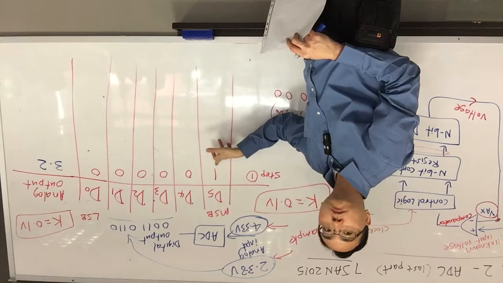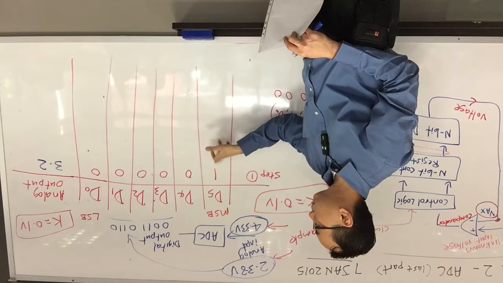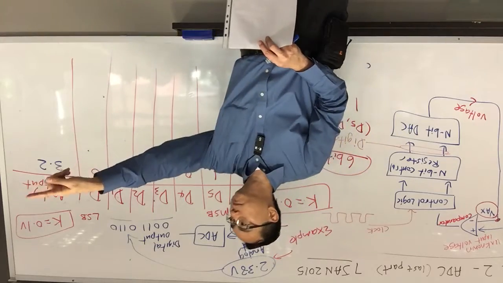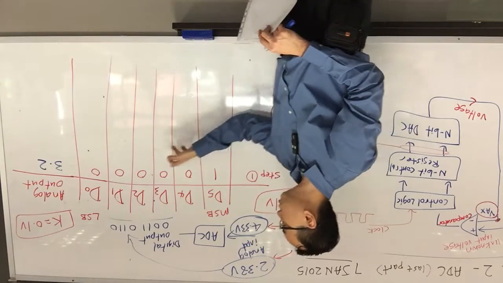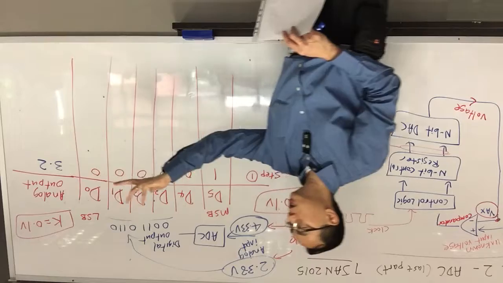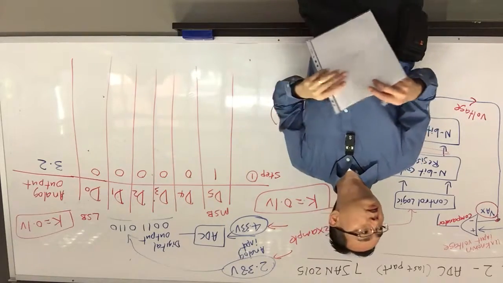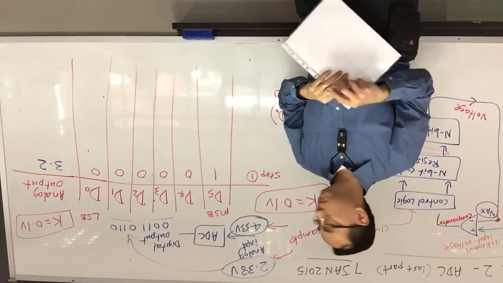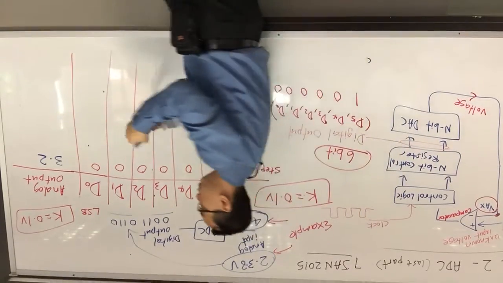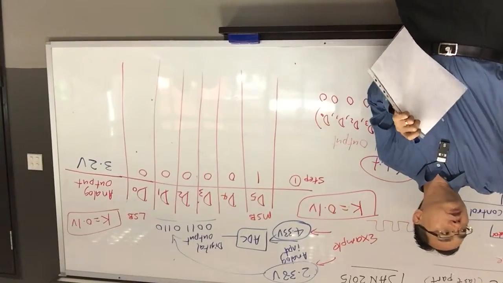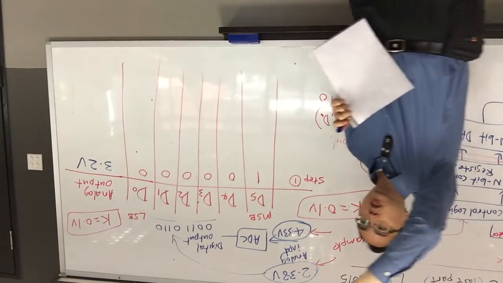Convert the 6-bit 100000 to a decimal, then times 0.1. So it is 3.2 volt. Anybody who cannot get 3.2 volt, please let me know. Raise your hand if you don't understand what I say.